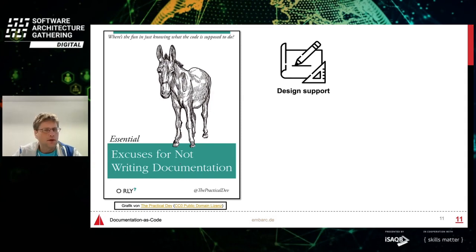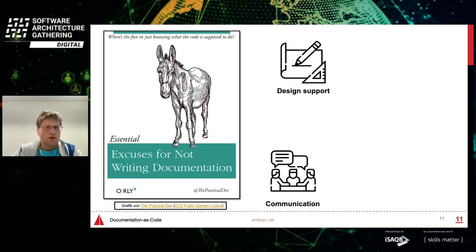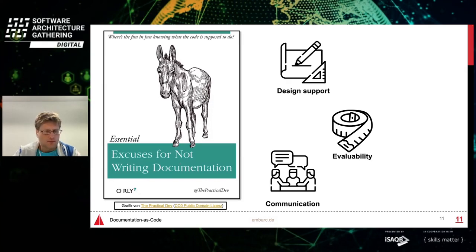For example, it can support us in our design phase. It's also quite important for communication, as we already talked about. Then it's very important to have something we can evaluate, for a review of our architecture.